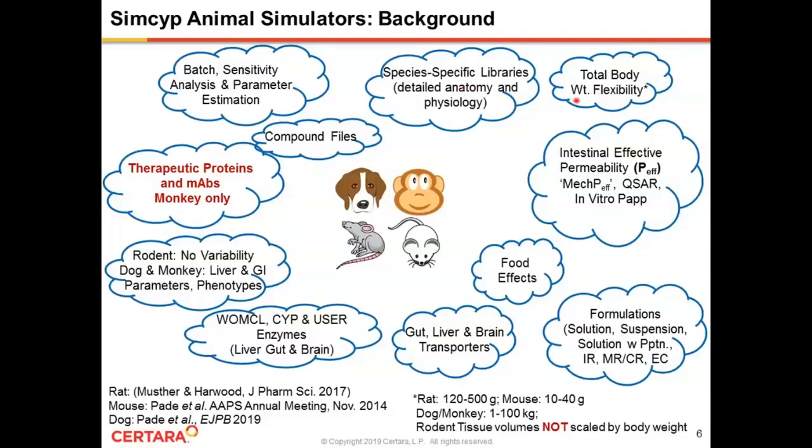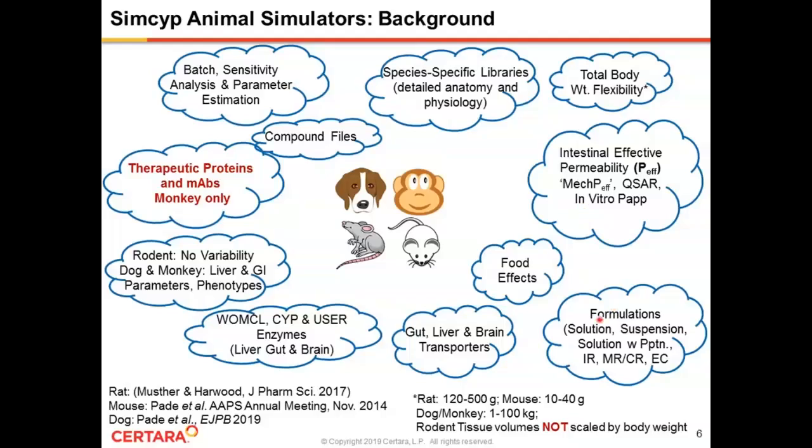Each of the animal simulators is also accompanied by total body weight flexibility within a certain range. In these animal simulators, you also have models to predict the effective intestinal permeability for orally administered dosage forms, whether it is from in vitro monolayer assays, or we also have the mechanistic permeability model, which can predict the passive permeability in the gut based on QSAR parameters only.